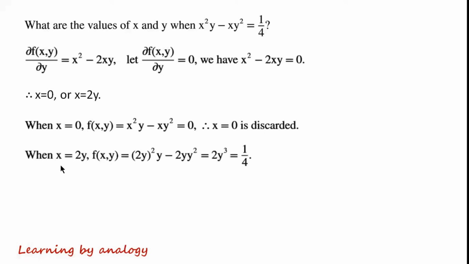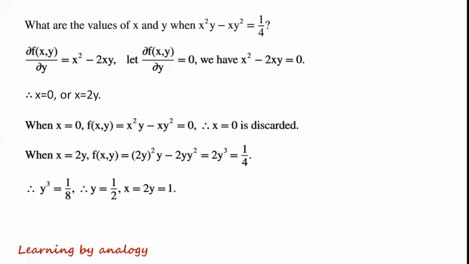When x equals 2y, f(x, y) equals (2y) all squared y minus 2y squared, which is equal to 2y cubed, equals a quarter.